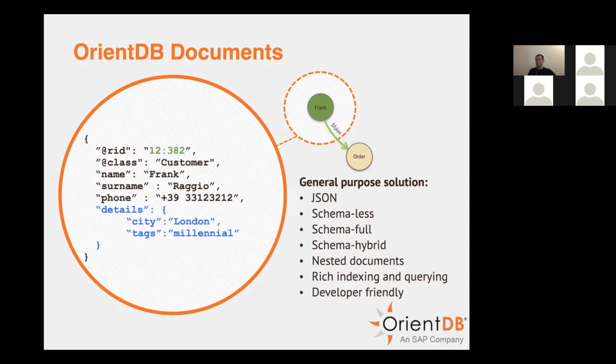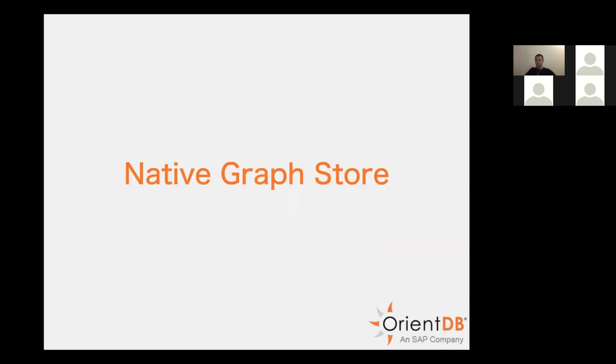Then later, when you need data quality, when you need to enforce the schema, you can go back, create the schema, and make sure that OrientDB does all the checks and guarantees the data quality. But from the beginning, for instance for prototyping or for the early development stages, you're up and running in a few seconds. You just take a document, store attributes, and you're done, and you save. It's also a native graph store.